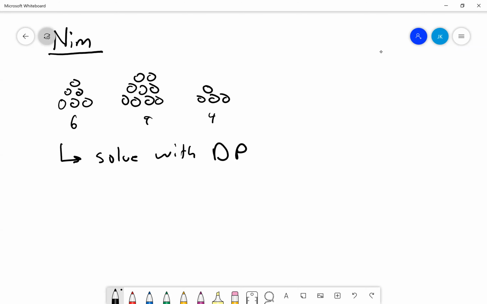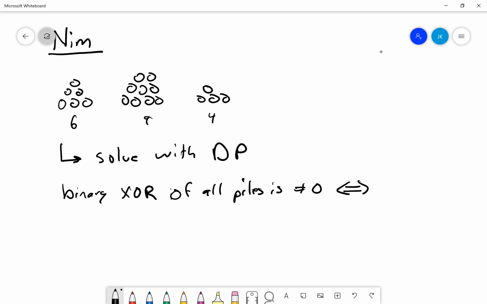And that is, player one is going to win if and only if the binary XOR of all piles is not equal to 0. And this means that player one wins. Okay, and so it's a very weird property. It's not something you would first think about.